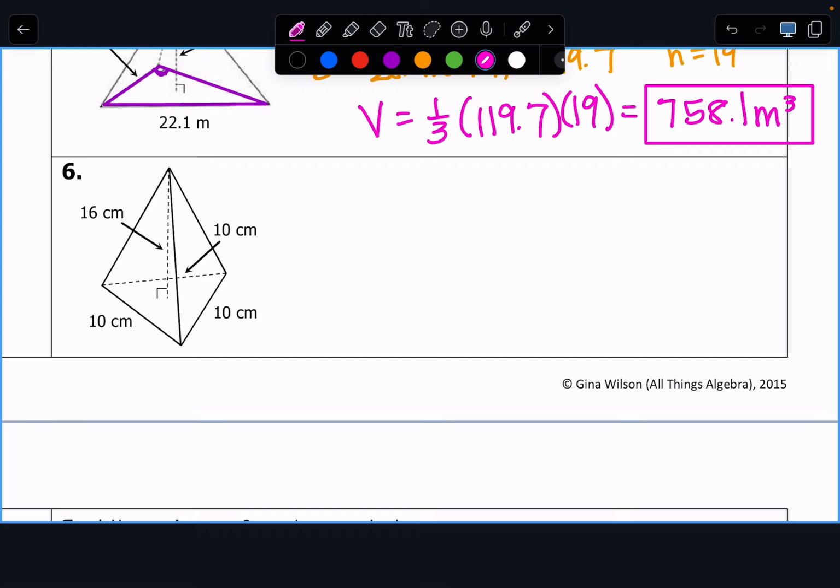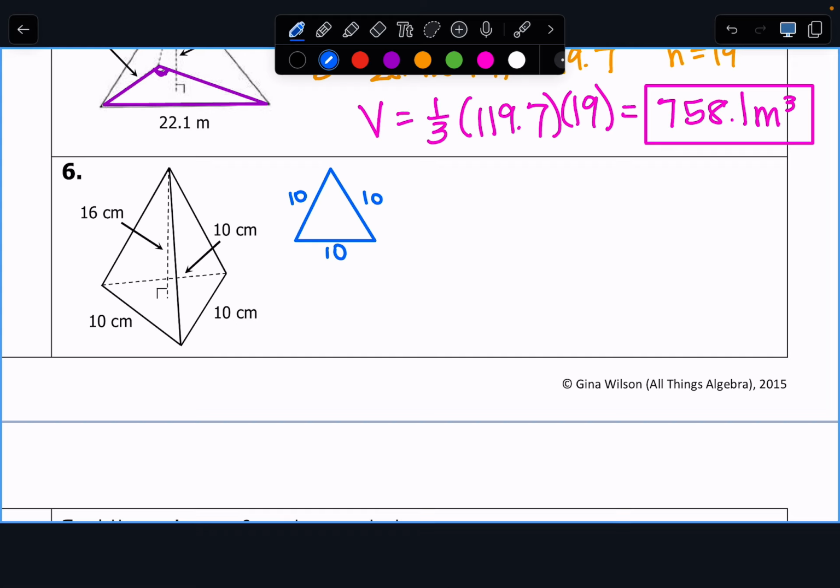All right. Now, number 6 intrigues me. Because it's an equilateral triangle. So let's draw it. Okay, so I have the base of the triangle.